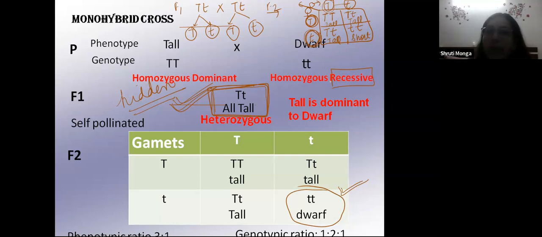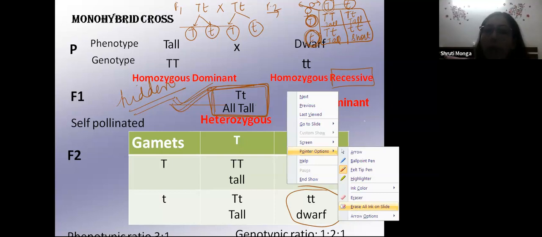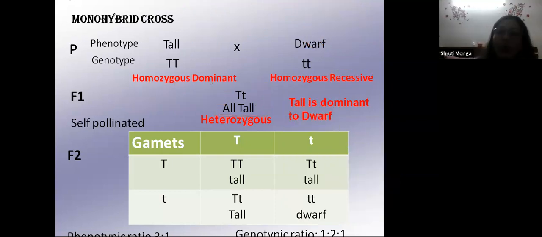How you have to make it, don't get confused, keep it simple, because the way you draw is really important. How do you have to draw it? Just give the heading monohybrid cross, right? Write like this: parent, write the phenotype, genotype, tall, dwarf, all these things write down. In between, you need to just add gametes here, because in this diagram, gamete is not written.